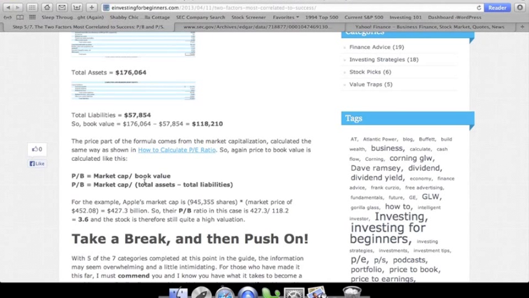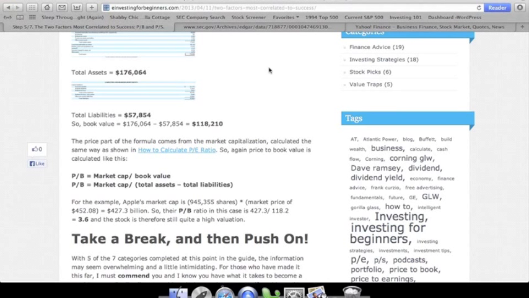So if you remember talking about the PB with Ben Graham, if it's under 1.5, that's good. You usually want to keep it around there. So at 3.6, that's actually quite overvalued, and so therefore you can deduce that Apple might not be a great buy at this time.